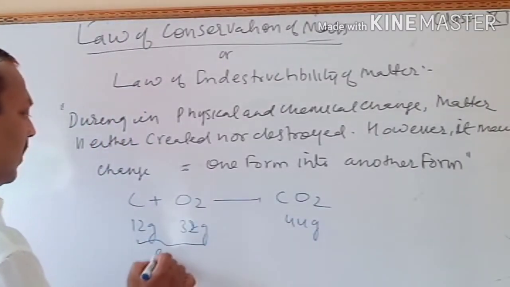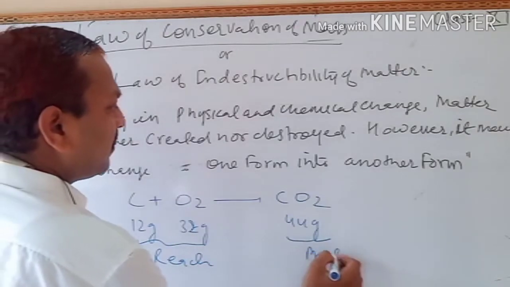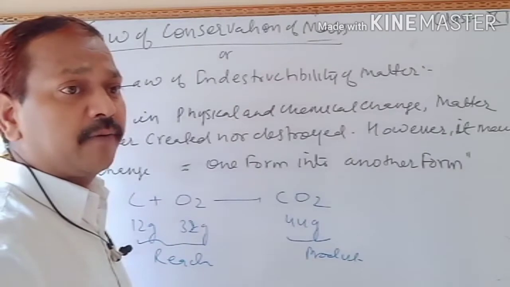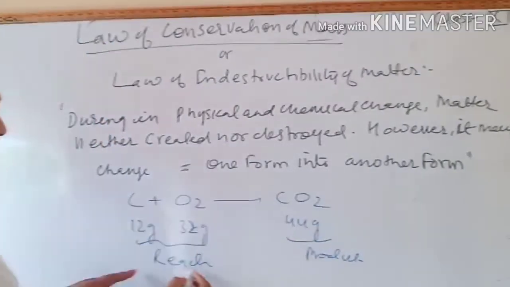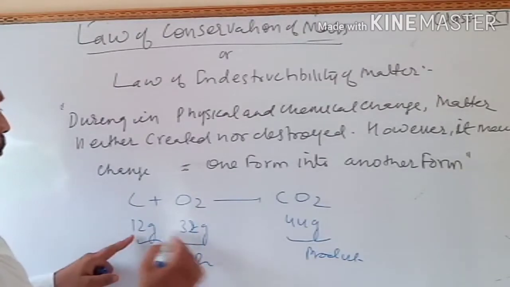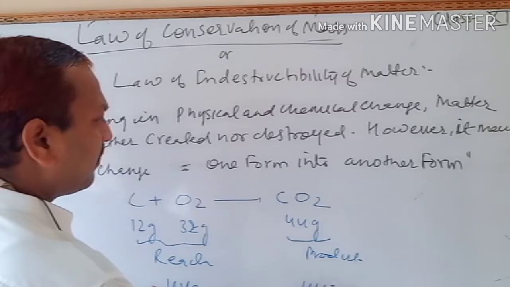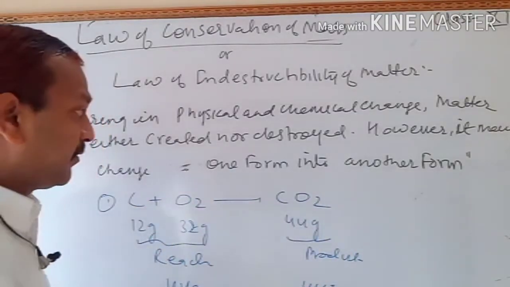This is mass of reactant, and this is product. So this is the law of conservation of mass. In ordinary condition, total mass of reactant must be equal to the total mass of product. So you can see the reactant side and product side: 44 gram is equal to 44 gram. So yes, this chemical equation obeys the law of conservation of mass.